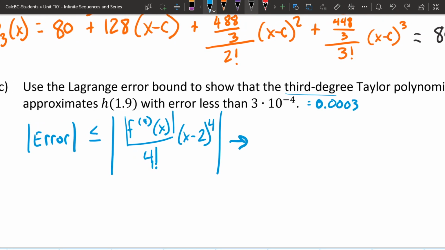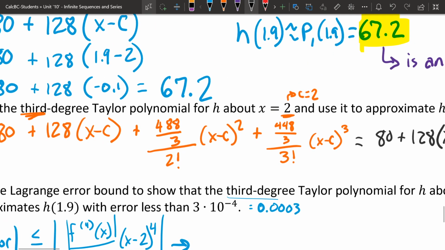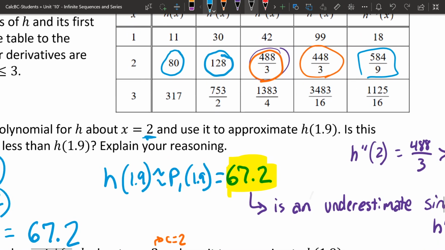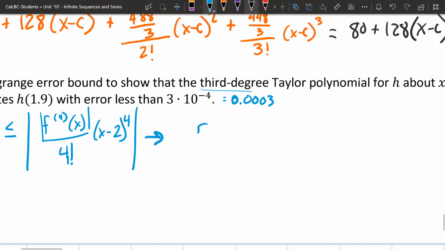All right, so plugging in those values. That next term, looking at our table one more time. Still at center of 2. Turns out we didn't need either of those other rows, just when our center was 2. Fourth derivative, 584 over 9, over 4 factorial, times our x value.